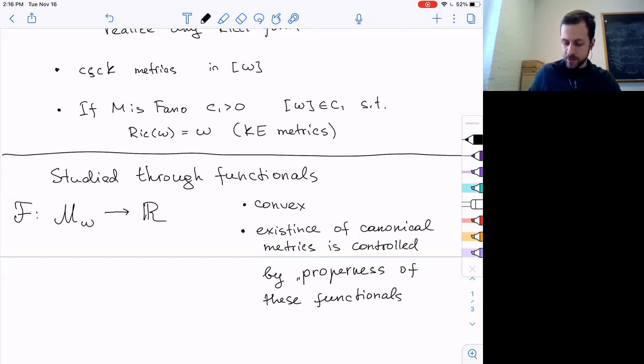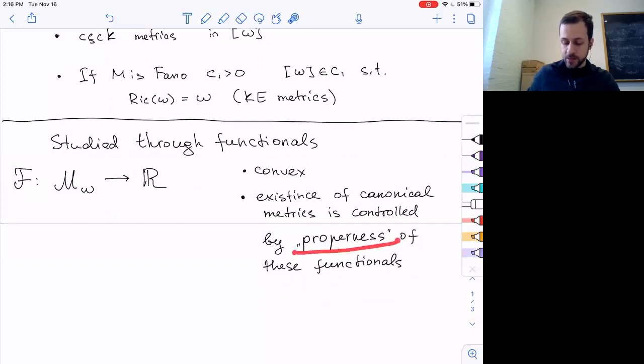Properness is sort of vague. There are many ways you can define properness, and you will get different types of results. But that's the overall philosophy here.